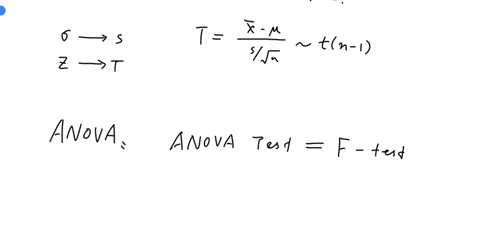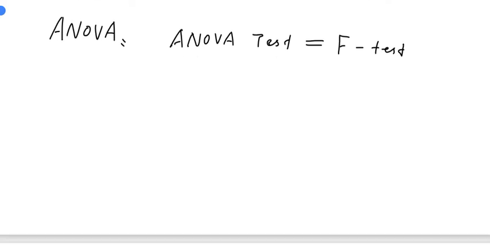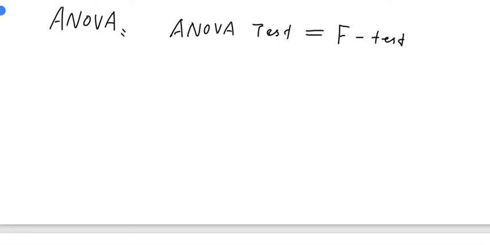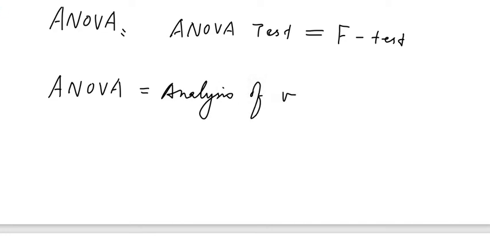So what is ANOVA? ANOVA is analysis of variance. Here, analysis means separating variance into parts.